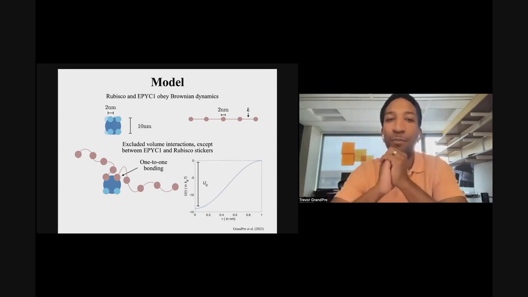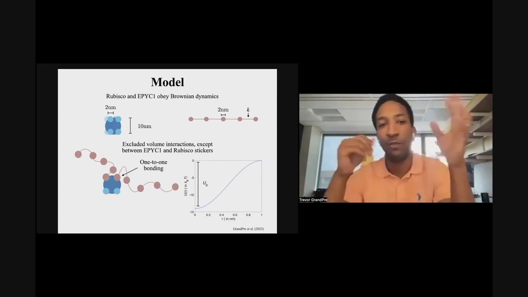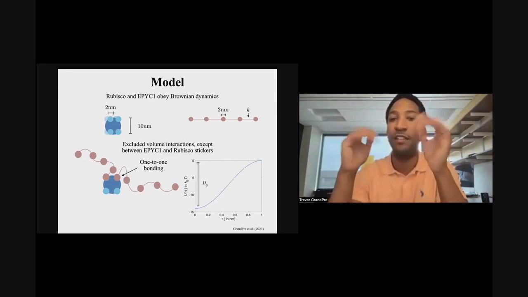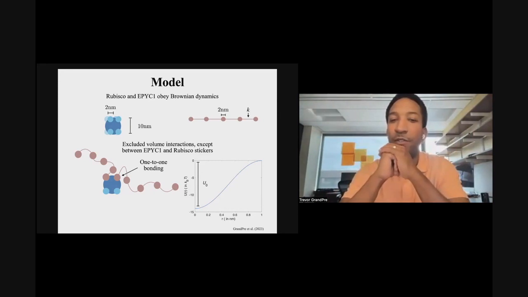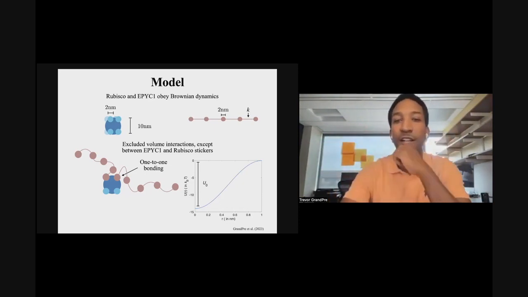So here, I guess the main point is that molecular interactions between Rubisco and EPYC1 involve 2 microscopic parameters. One is the spring constant K, which tunes the linker length, and the other is U-naught, which tunes how strong the stickiness between the 2 components is.